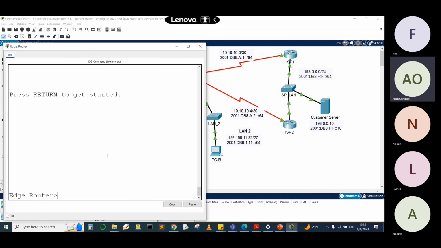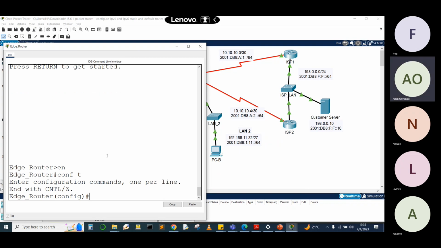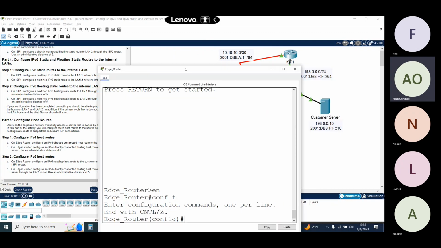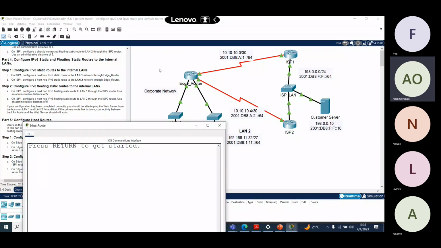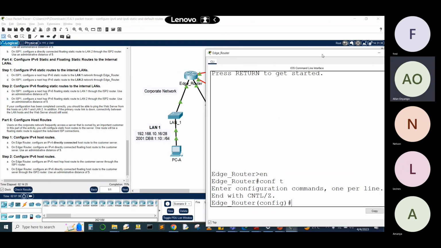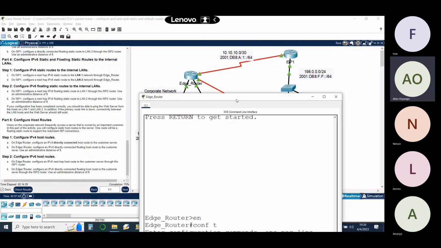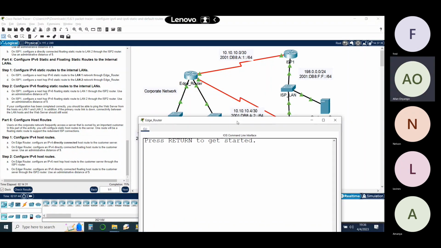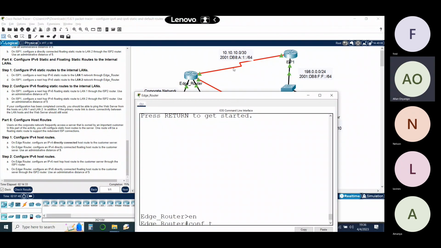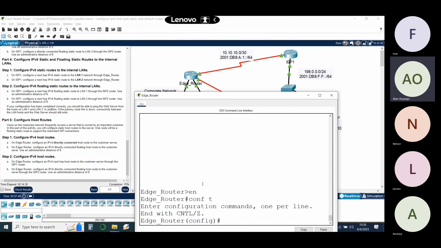Let me just go to the global config mode. Since we are told that it's going to be directly connected, we need to know which interface of this edge router is this. So the first thing we need to do is check what is the interface of the edge router which has 10.10.10.0.